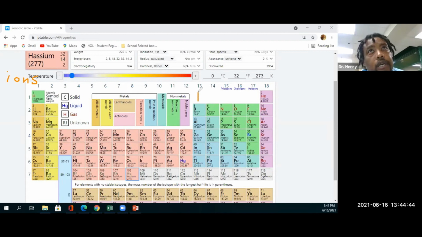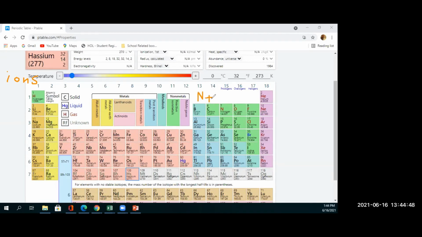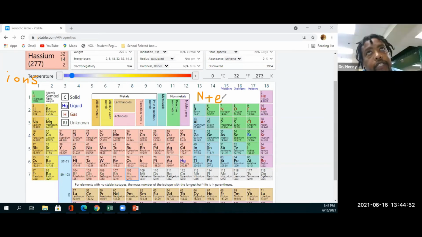So nitrogen needs to gain, you said 3 electrons? Yeah. So nitrogen plus 3 electrons is going to yield an ion. This guy is called an anion. I'll type it out here in a second. But now it's going to have 3 minus charges.